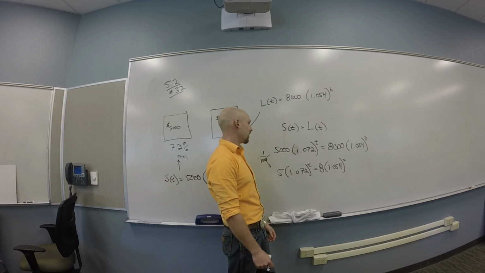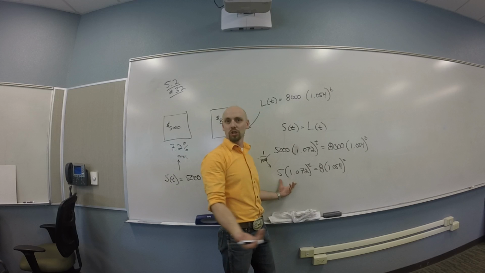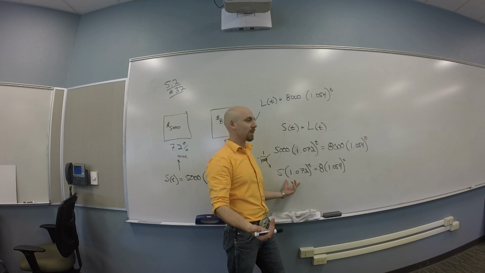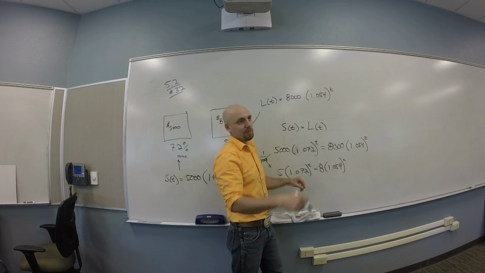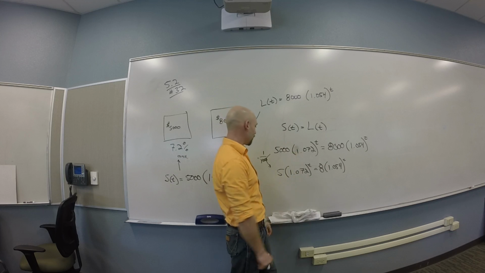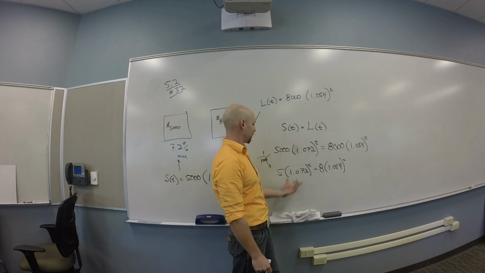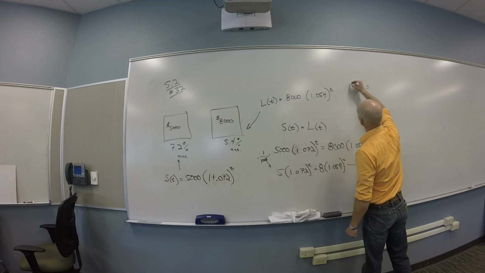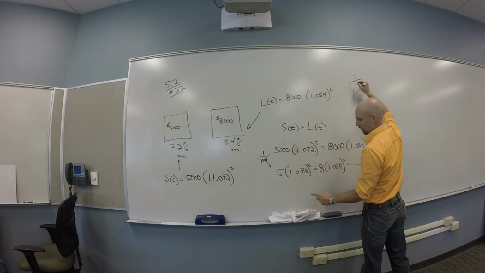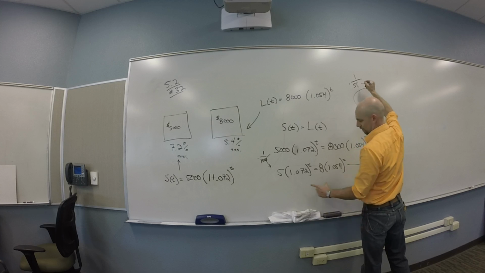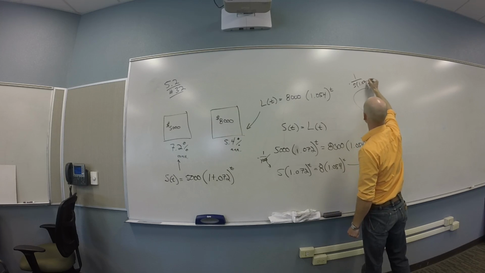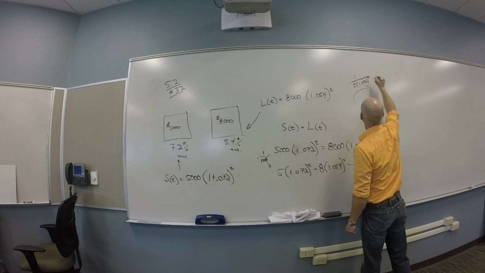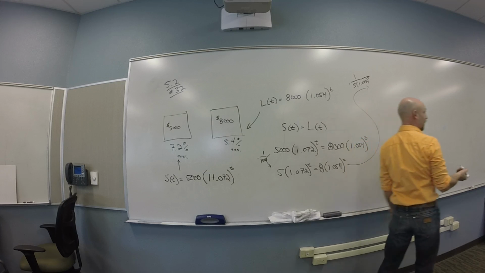Usually I would just log both sides, which is what I've demonstrated to you guys, but let's do something else. Let's divide both sides by this one: I'm going to multiply both sides of this equation by 1 over 5 times 1.072 to the t. This doesn't on its face seem like a good idea at all.